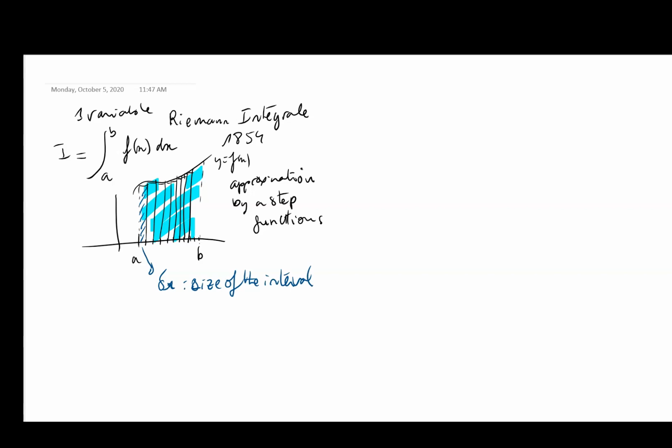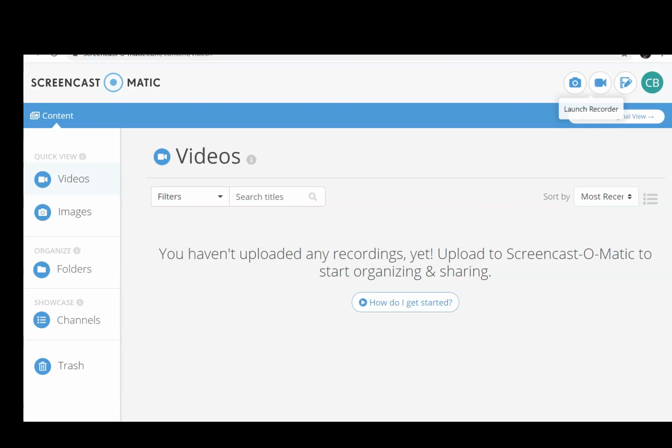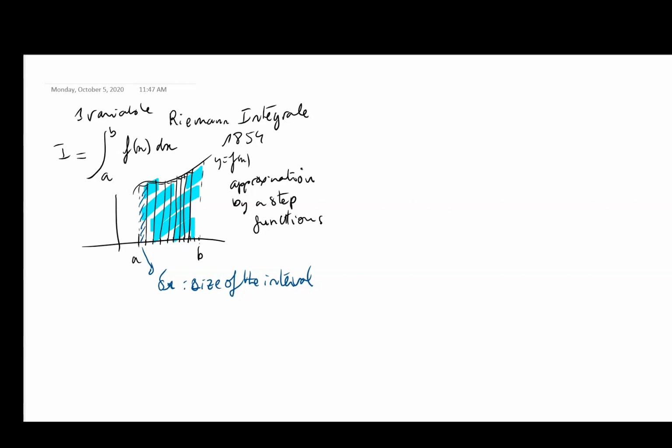And let's say that to create my step function, I'm choosing one particular value. I'm taking the function f of a plus k times delta x. What do I mean by this? f of a plus k times delta x. If this is the first approximation, I'm going to take k equal to 0 and I take the value of my function at that point.